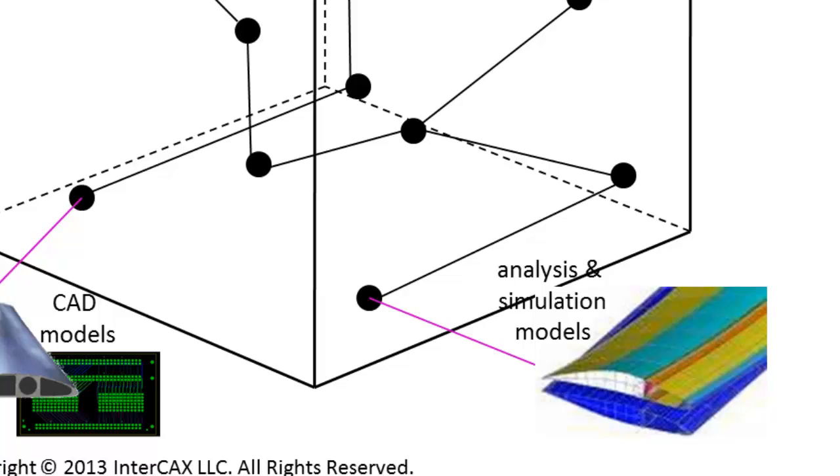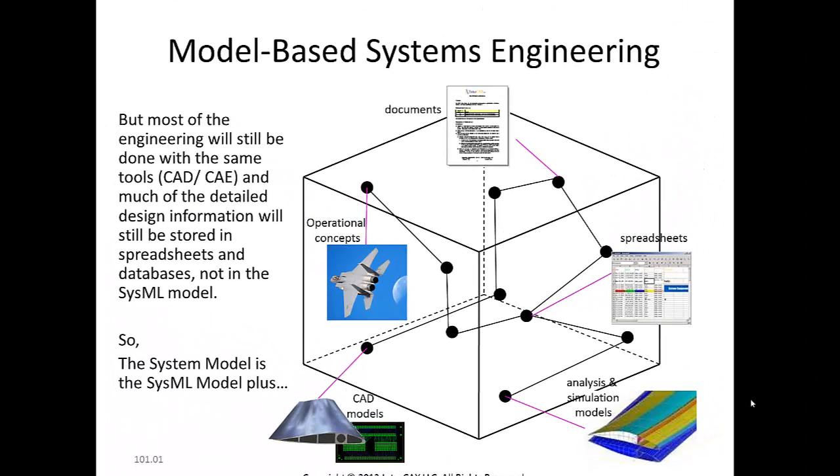A behavior element might be connected to a simulation, and so forth for all of the other elements of the system. When we talk about the system model, we have to be talking about all of this information, not just the SysML model, which can act as a high-level roadmap of the system, as a clearinghouse for critical data at the system level, but all of those other data models.